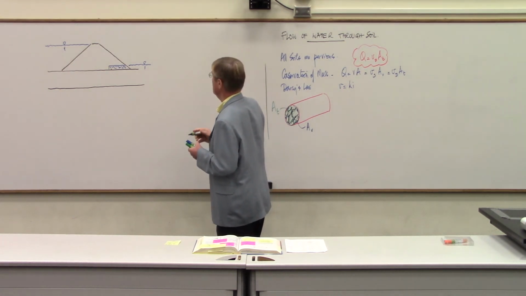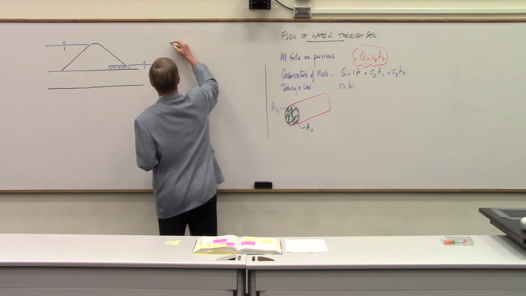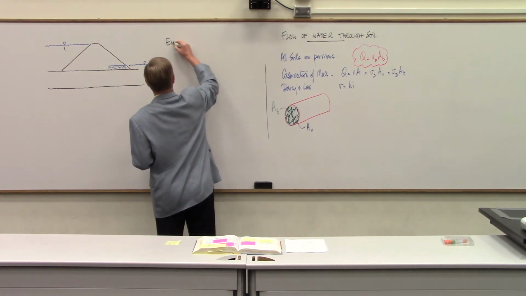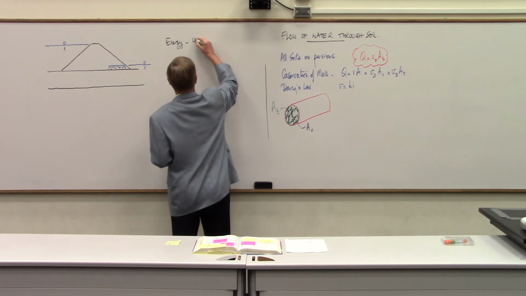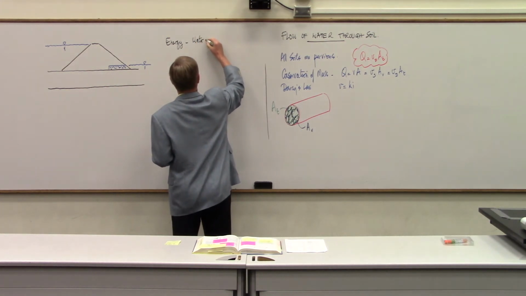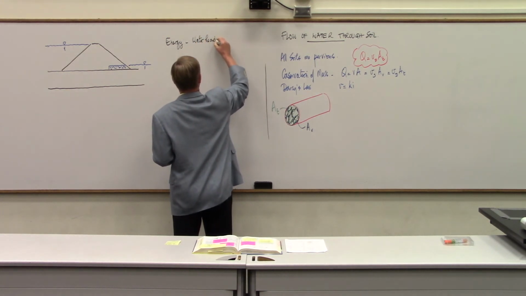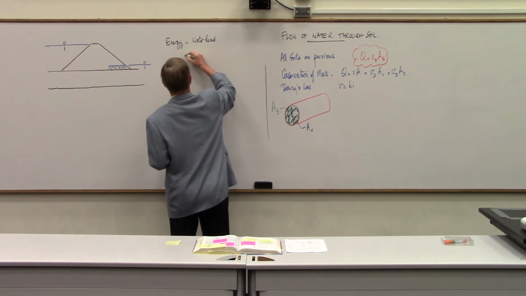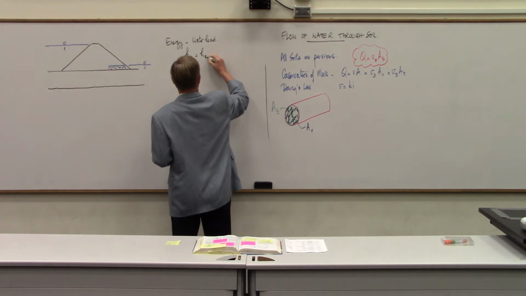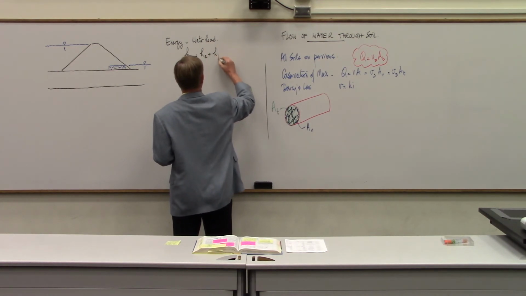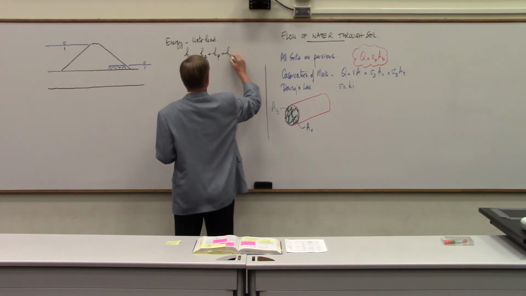So the first thing is, let's talk about energy. And we discuss energy in terms of water head. Now we're going to write that the total head is equal to the elevation head plus the pressure head plus the velocity head.